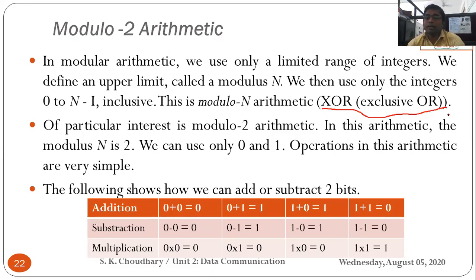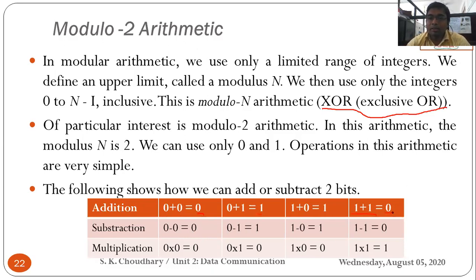Here you can see in the table, when you add 0 with 0, the result is 0. 0 plus 1 is 1. 1 plus 0 is 1. When you add 1 plus 1, the result is 0.